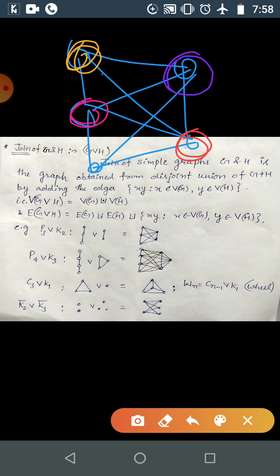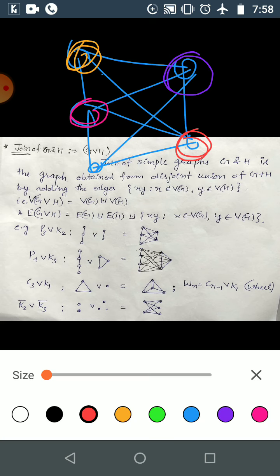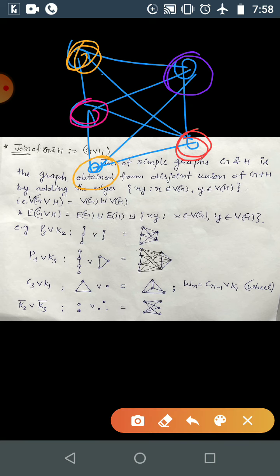What about this one? You can use this color because this is not adjacent with this one, so we can use the same color. We can't use the pink, red or violet color, so we have to use the third one. This is the minimum coloring, and how many colors are we using? Minimum colors for proper coloring is 4, and obviously for P3 and K2 the chromatic number is 2, so it will be 2 plus 2.